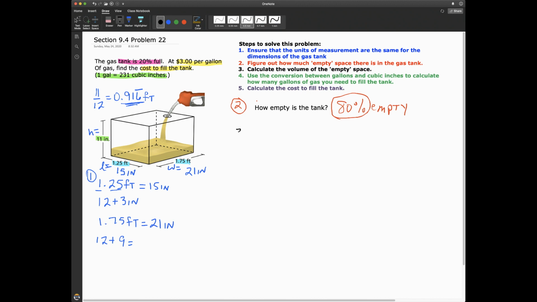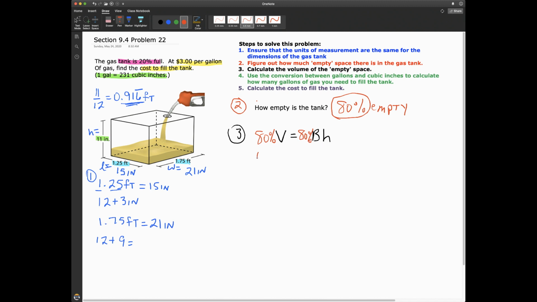So for step three, we want to calculate the volume of the empty space. What formula do I use? I use volume equals area of the base times the height. But now I only want 80% of this volume because that will give me the empty space. So I multiply both sides by 80%. I'm not going to leave this as a percent.